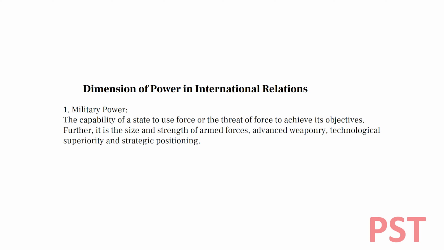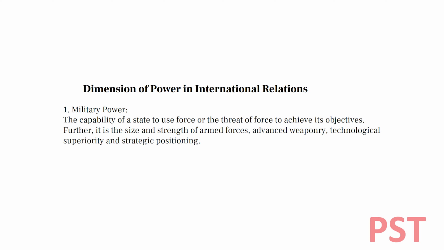power. And once we understand this part of the dimension, it is very obvious that all the countries, all the nation states, whoever has the most advanced, powerful military will always have the advantage to achieve their national interest. And therefore, in international relations, if you command military power, then you are a powerful country in the world.